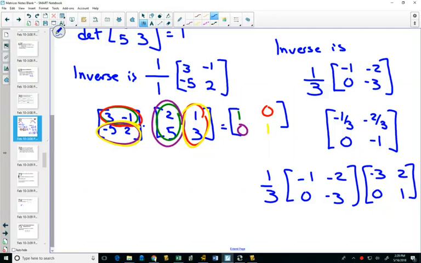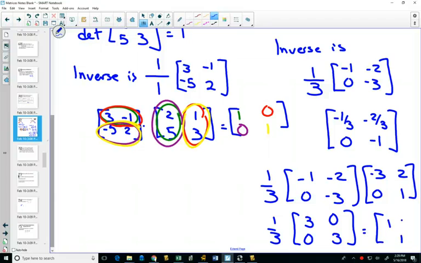It's going to be a lot easier to multiply these matrices with whole numbers than it would be to have that fraction in there. So I'm going to multiply first. -1 times 3, this will be 3, 0, 0, 3. And then multiply by that 1/3, and sure enough, we get our identity matrix. But it's easier to multiply using those whole numbers than it would be to use your fractions all the way through.